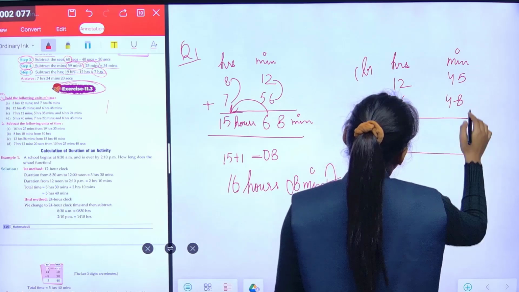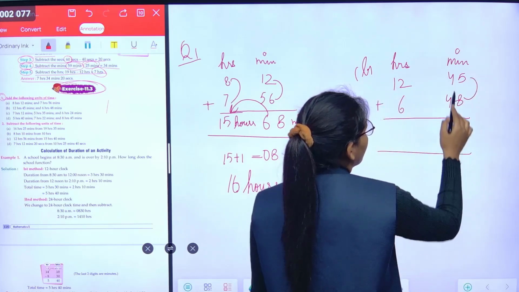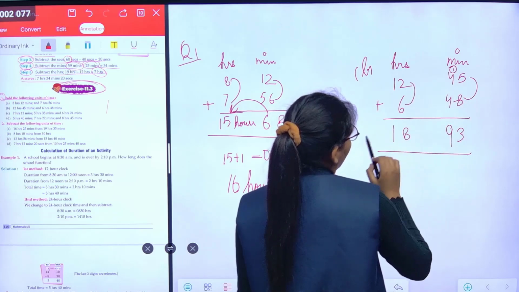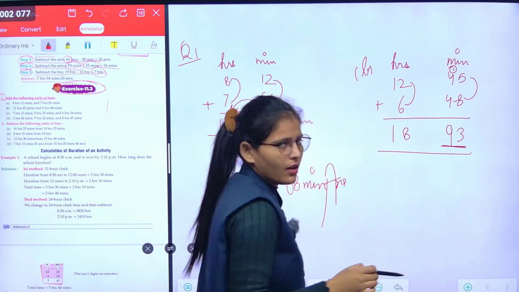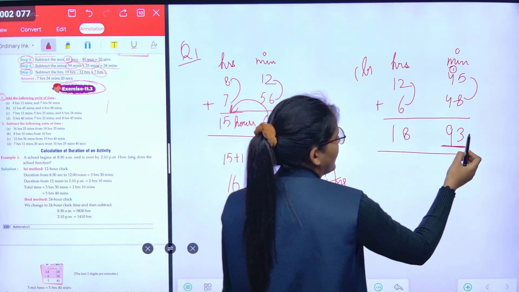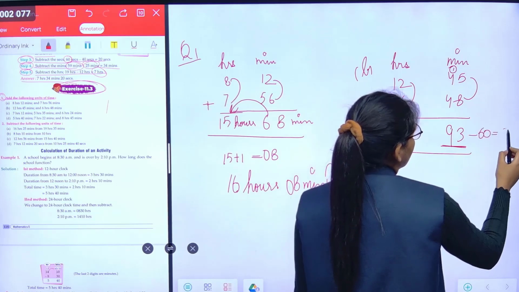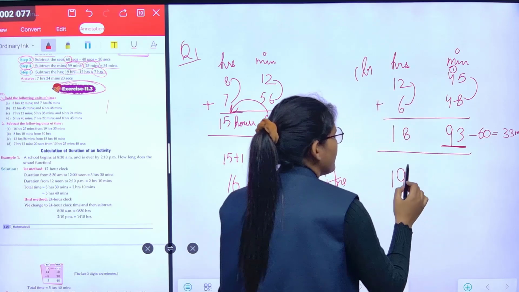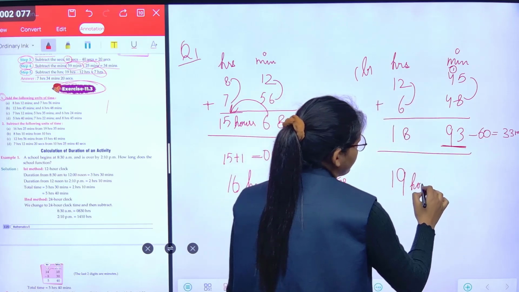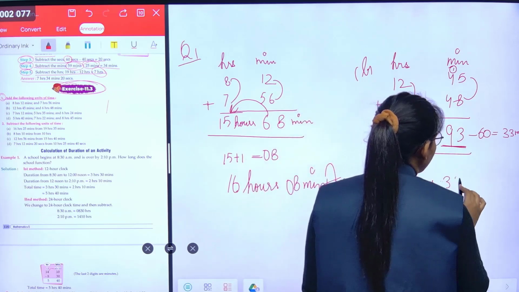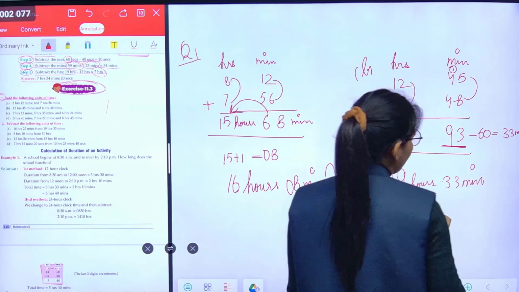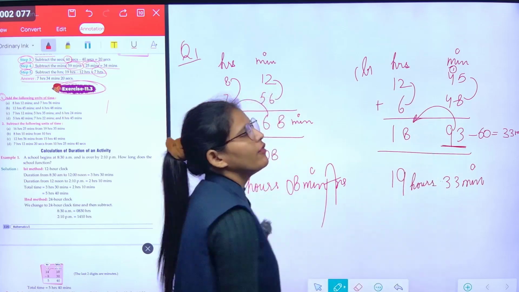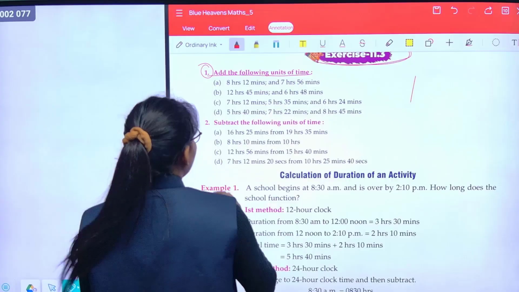Then add them. 8 plus 5, 13, 3, carry 1; 4 plus 4, 8, plus 1, 9; 6 plus 2, 8, plus 1. Class, see, 93 minutes. Now 93 minus 60, so class, 33 minutes. So now here it becomes 18 plus 1, 19: 19 hours 33 minutes, class. Understand, class? When our minutes are more, we carry them over, forward them here. Okay, class? Yes, class.